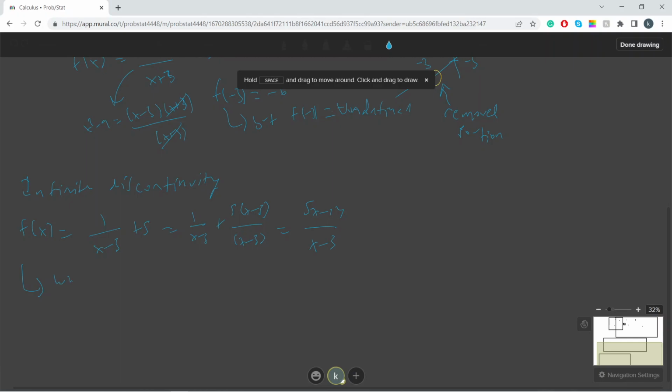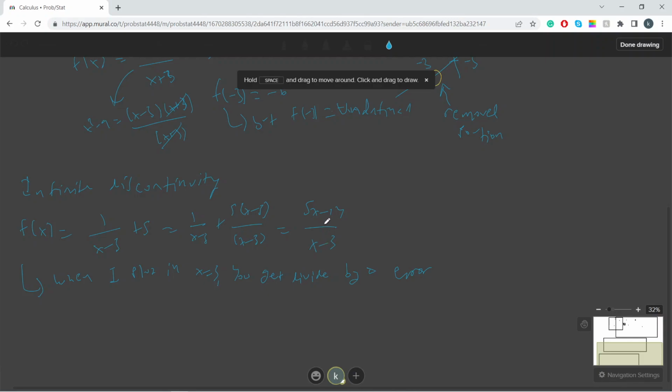So when I plug in x equals 3, you get a divide by 0 error, right? So what that means is that at x equals 3, the function is not defined, right?